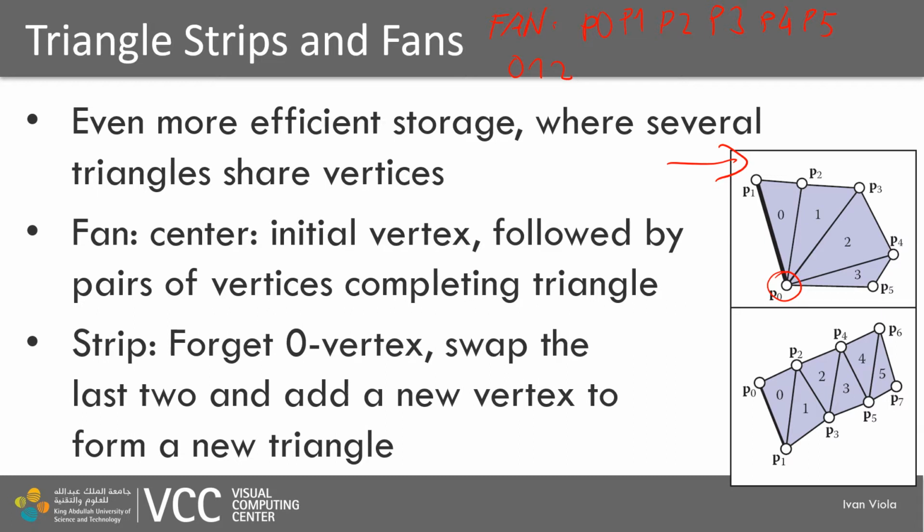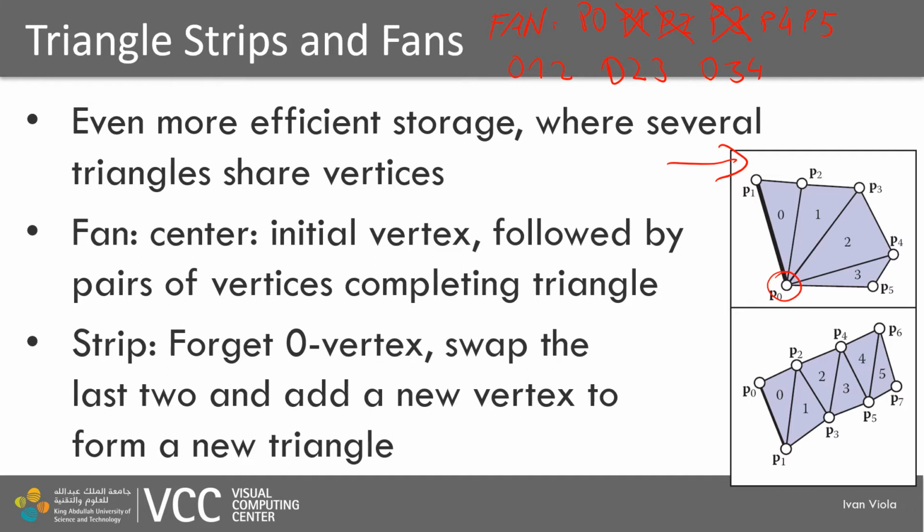For the second triangle, P0 will always remain, but we forget P1, and the next one will be 0, 2, 3. Then we forget P2 and we will have 0, 3, 4.